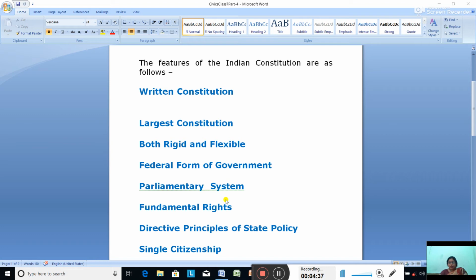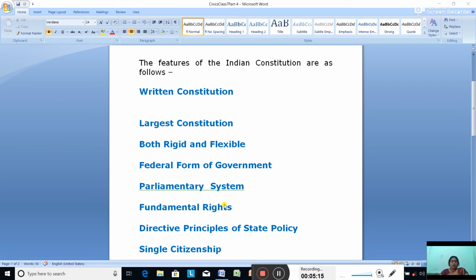The central government is answerable to the parliament, which consists of the Lok Sabha and the Rajya Sabha. A state government is answerable to the state legislature, consisting of the Vidhan Sabha and Vidhan Parishad.